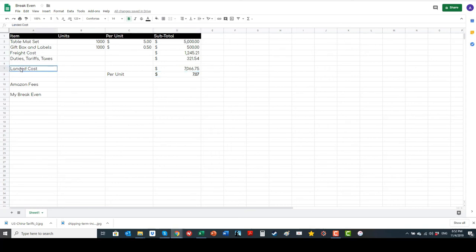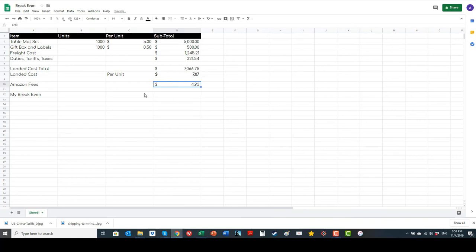Okay, so my landed cost per unit is $7.07. And then if I sell this product on Amazon for $12, then the Amazon fees per unit are going to be exactly $4.93.